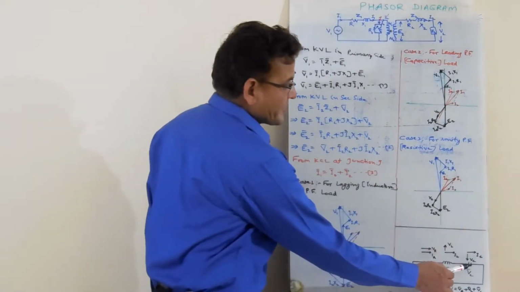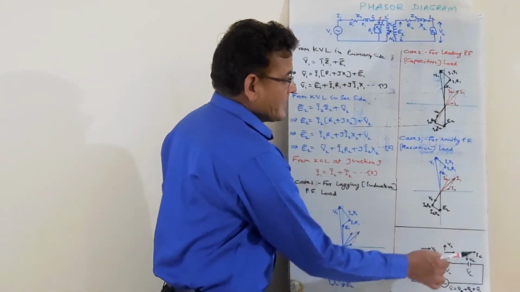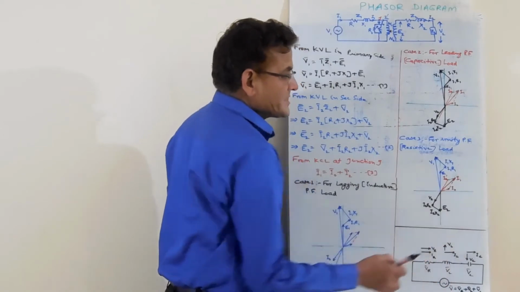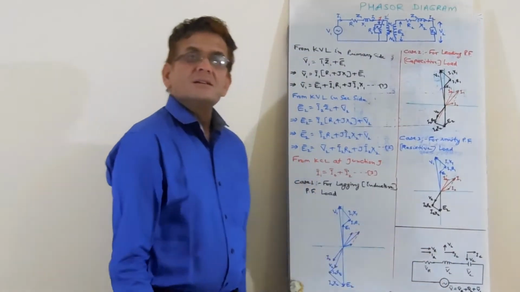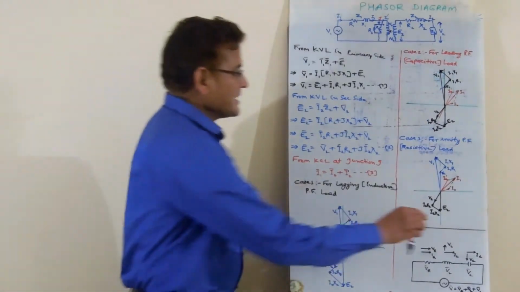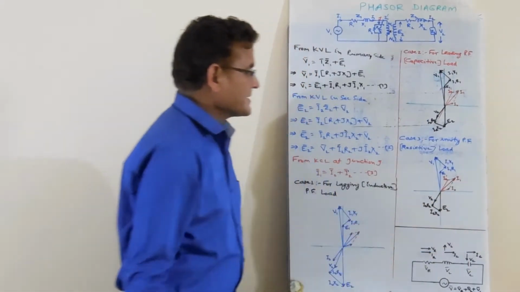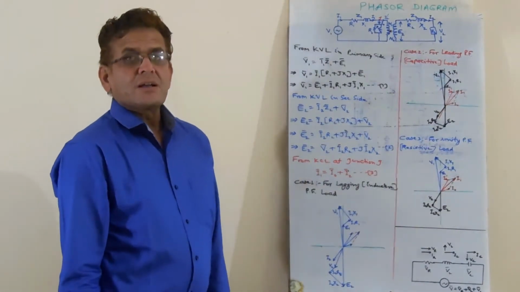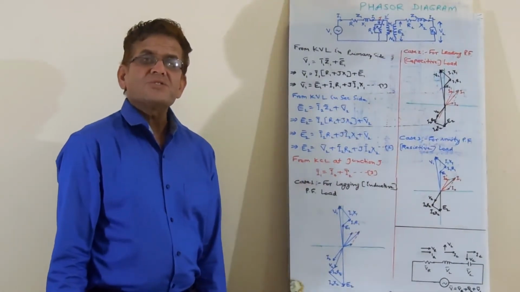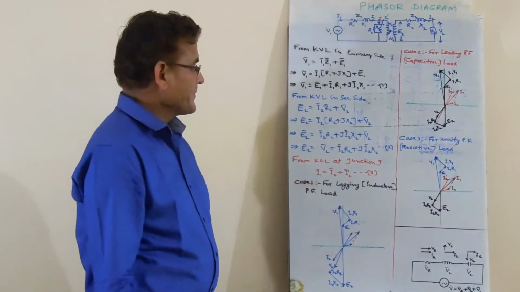Now in capacitor, current is shown in this direction and voltage across capacitor lags the current by 90 degree. So this is shown in this direction. Or we may say in capacitor, current leads the voltage by 90 degree.